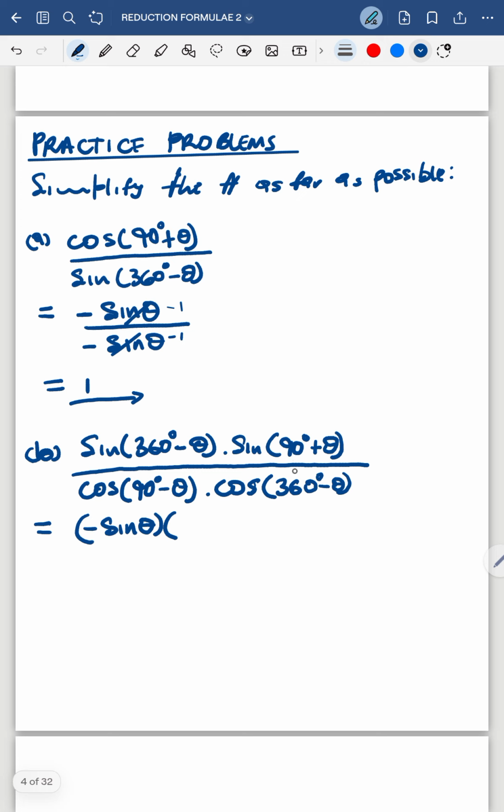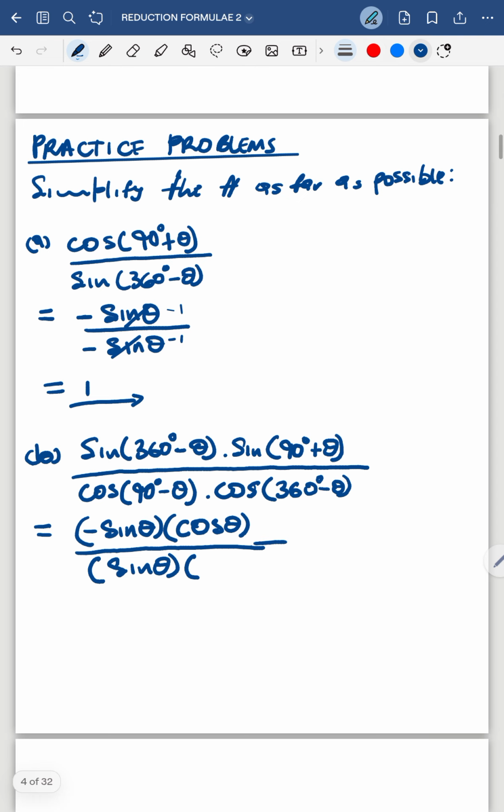So how is cosine in the second quadrant? Cosine will be positive here. Then now what is the cofunction of this? It's sine. Then how is sine in the first quadrant? It's positive. Then there, how is cosine in the fourth quadrant? It's going to be positive cosine theta.